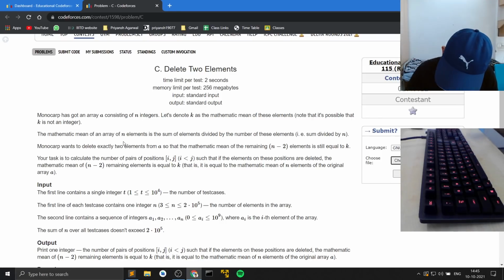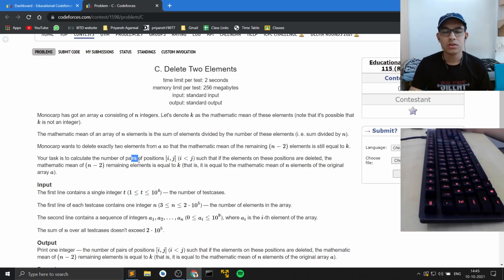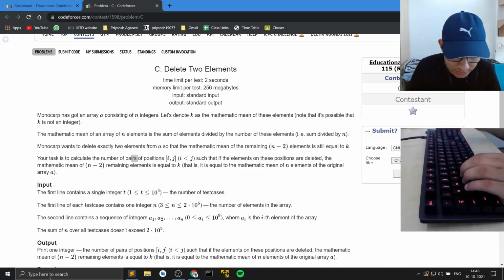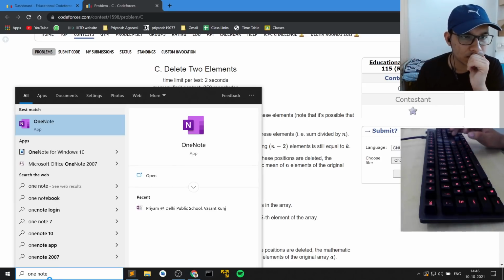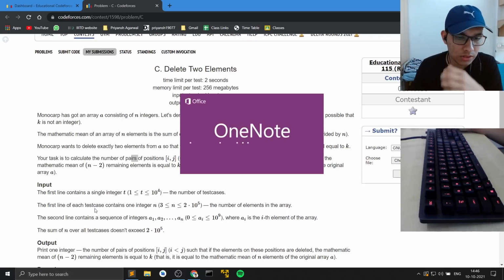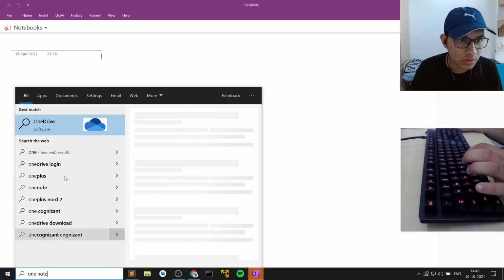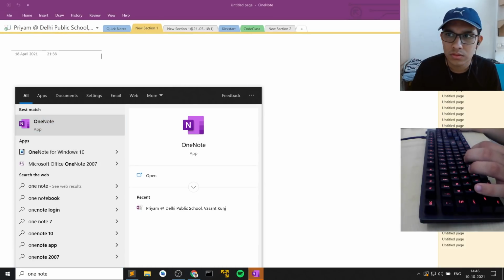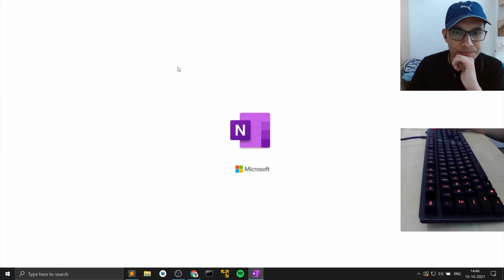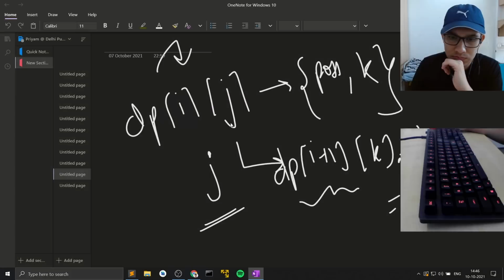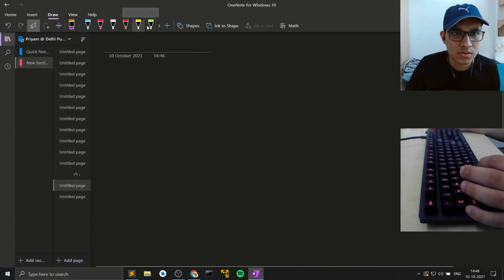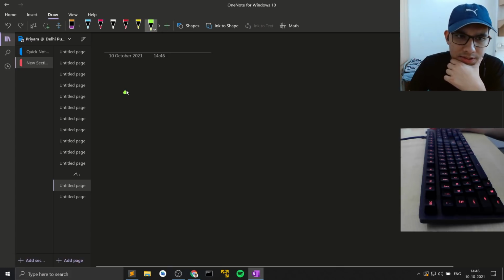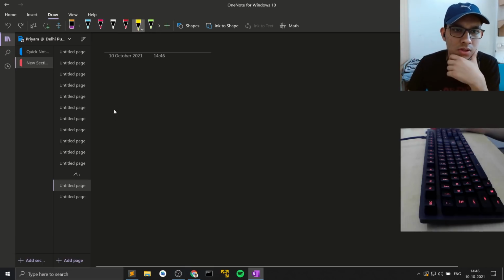So if I'm removing an element I, let me write a certain formula for this maybe. So my current sum is, let's say, x.